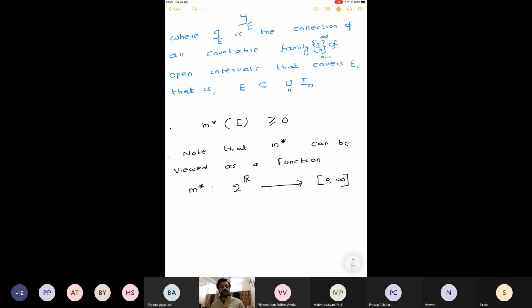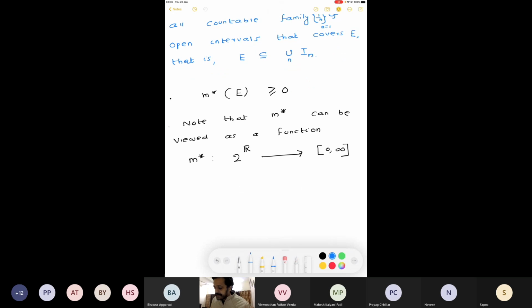So M star is a function from 2 power R to the closed interval 0 infinity. Please bear in mind that 2 power R is a sigma algebra. 2 power R is a collection of subsets which is closed under set operations, complementation, union, and so on. In fact, that is the universal set for the collection of subsets.